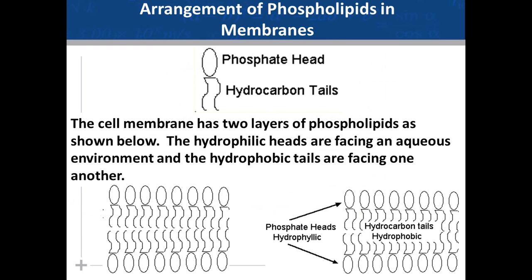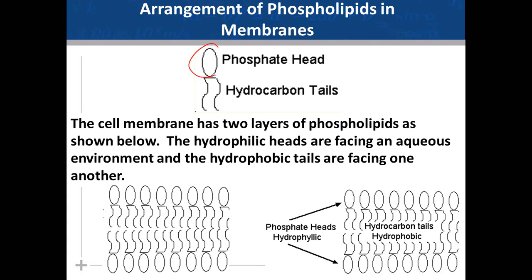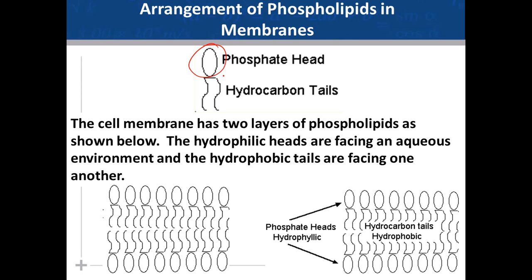When you're looking at a plasma membrane or a membrane in general, then you're not going to see all those wonderful carbon, hydrogen, and oxygen and phosphate atoms. Instead, it's illustrated like you see here. Here's the charged phosphate head, and here are those two hydrocarbon tails. Phosphate head, hydrophilic, hydrocarbon tails, hydrophobic.